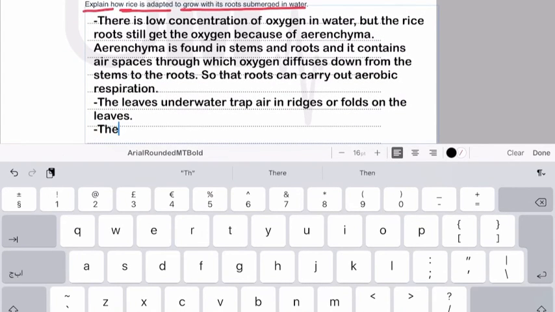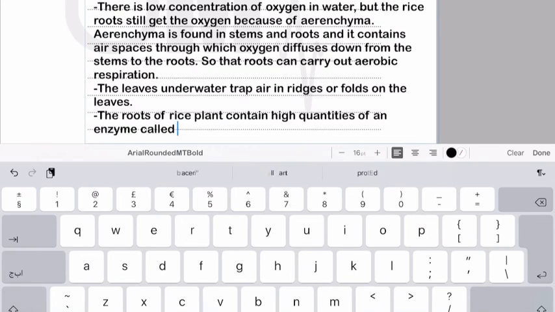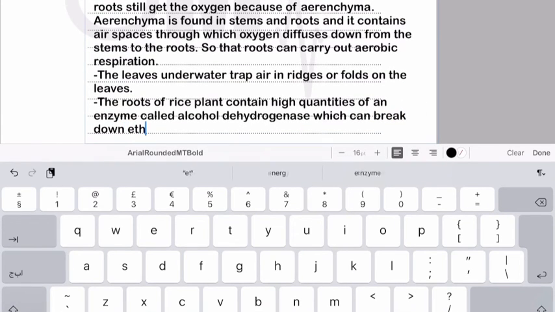The roots of rice plants contain high quantities of an enzyme called alcohol dehydrogenase, which can break down alcohol or ethanol.